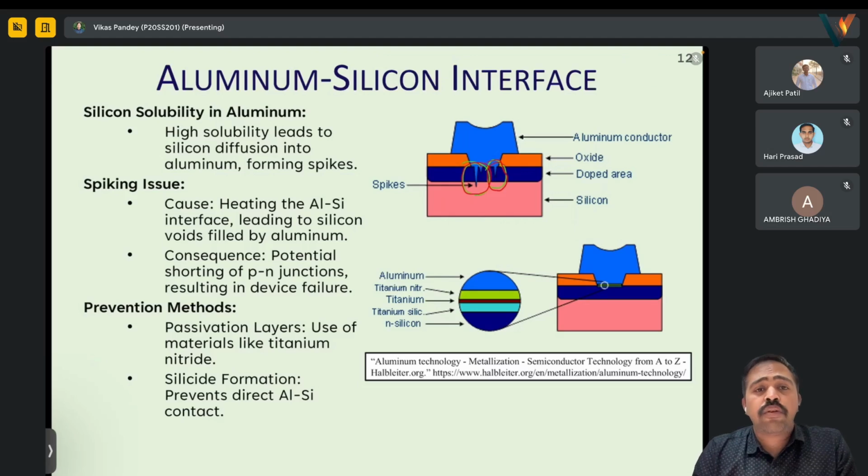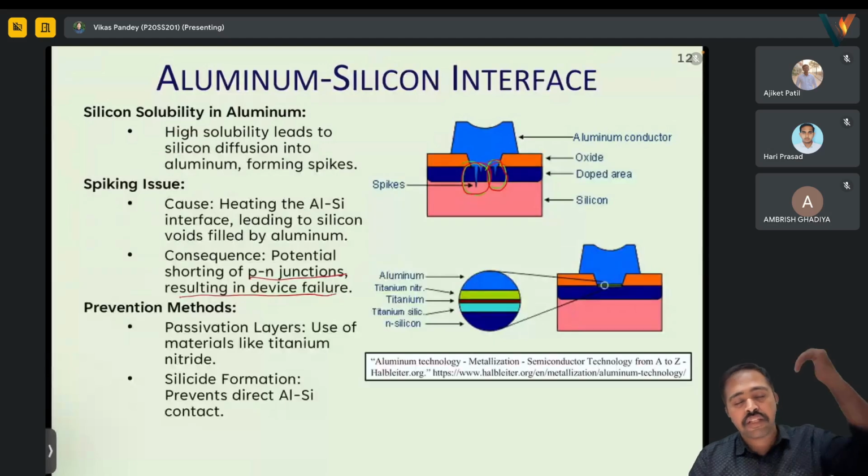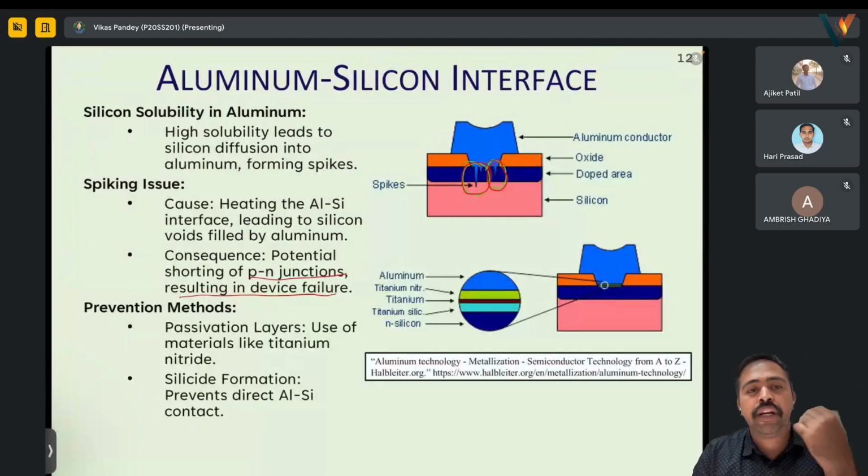this causes the heating of the aluminum silicon interface, leading to silicon wires filled by aluminum. Okay, and this might lead to shorting of the PN junction, resulting in device failure. Some diffusion is fine, but if it is creating spikes inside, that can be a problem.